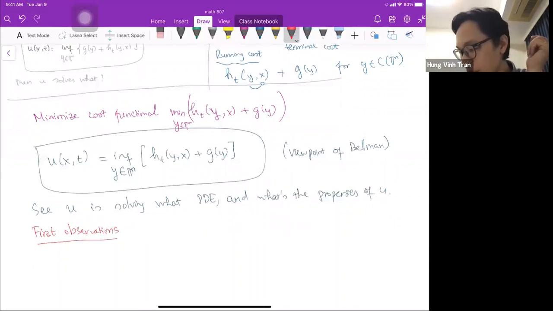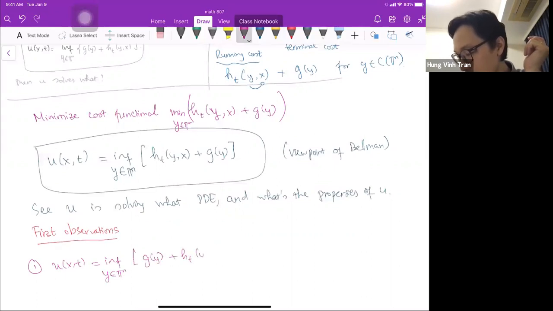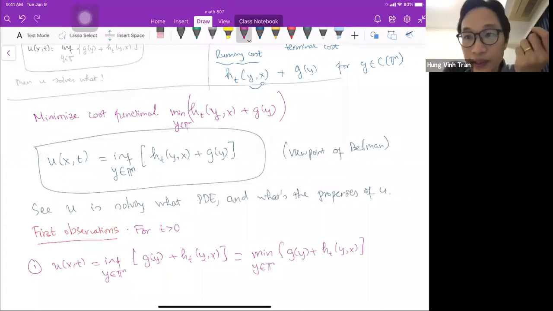The first thing is that instead of writing it as an infimum, I can write it as a minimum for t greater than 0. Why is it so? g is a continuous function, and we have just proved that if t is strictly positive, then h_t is Lipschitz in x and y.